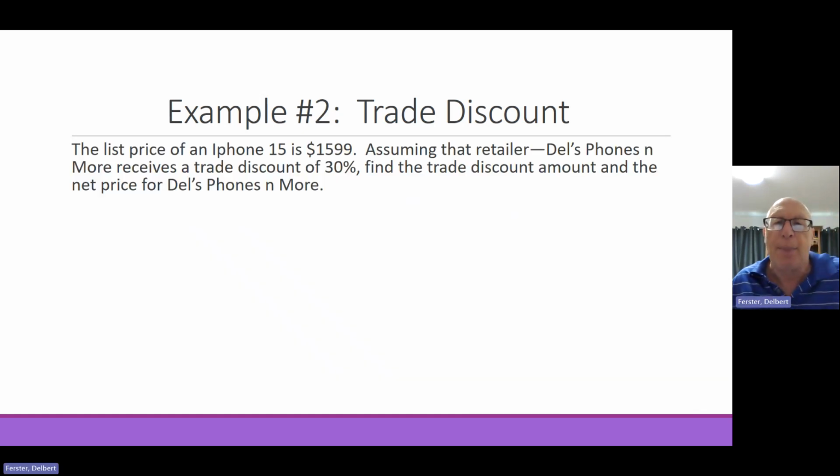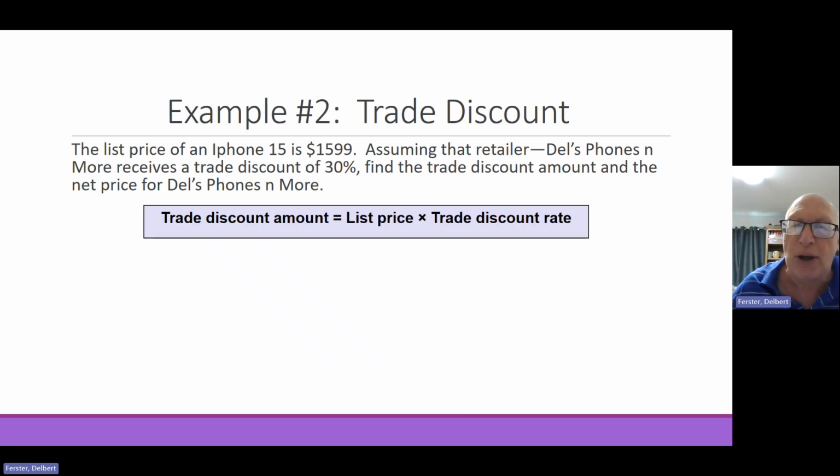All right, here's our first example to actually do some calculations. Dell's Phones and More is going to get a 30% trade discount when they purchase this iPhone for resale, and the list price on the iPhone is $1,599. So the challenge for us is to find the discount amount and then find the net price for Dell's Phones and More. So we're simply going to go ahead and take the $1,599, multiply it by 30%, 0.30, and we're going to find out that the actual amount of the discount is $479.70.